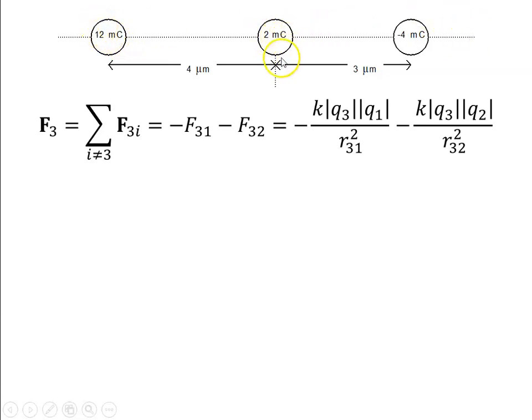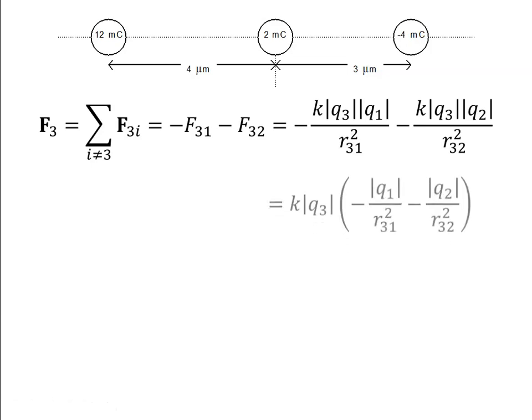But each of those forces is to the left, so again, if we're being sloppy and going directly from vectors to magnitudes with directions, we have negatives on each of these. And now you plug in magnitudes for the charges with the signs already being taken care of by our free body diagram that we didn't draw, but you should draw when verifying this.